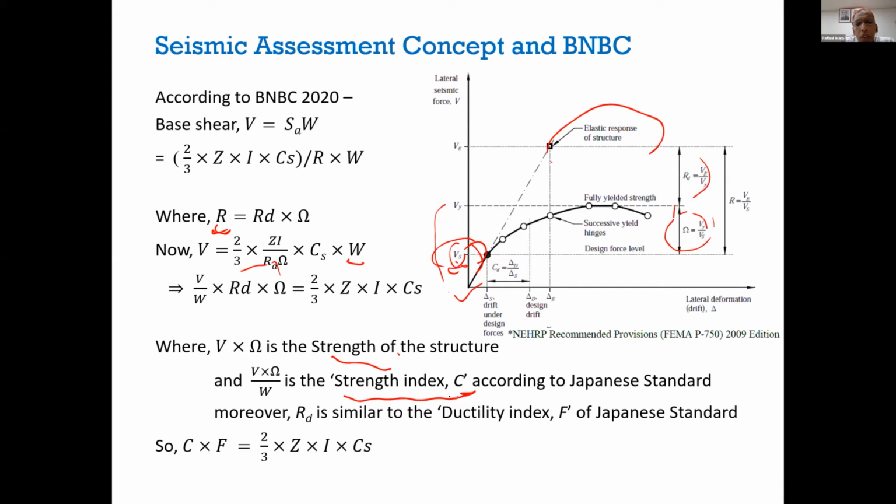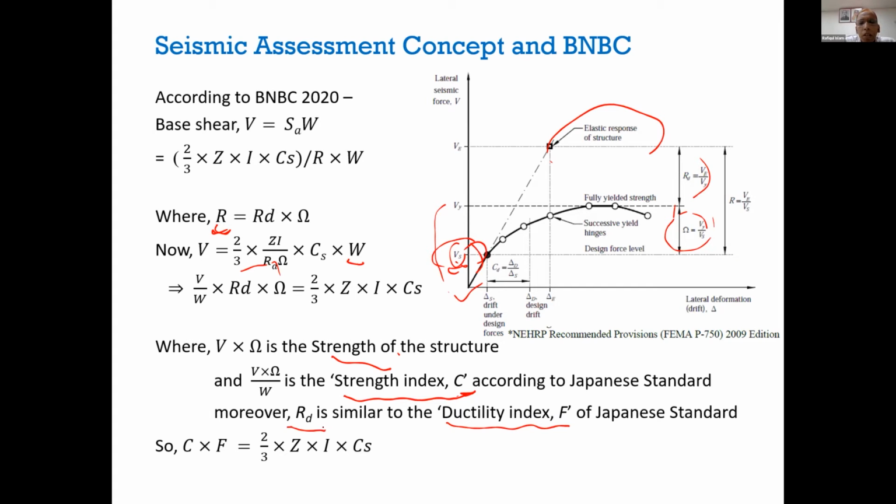So this strength index is an important term in the seismic evaluation manual. Another important term is the ductility index, F. So RD is the ductility; from the elastic capacity we divide by the ductility factor.